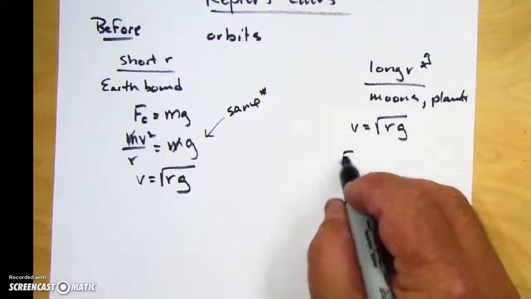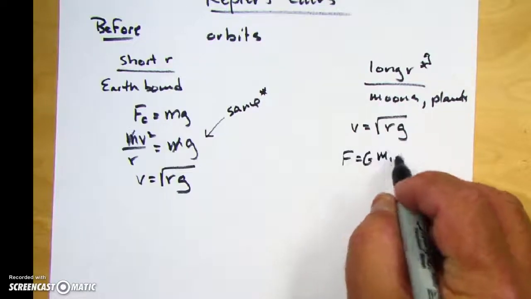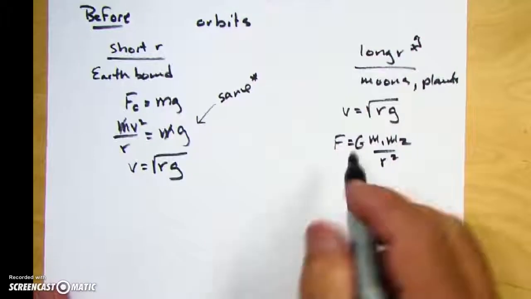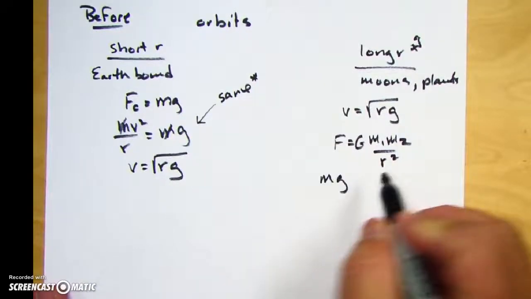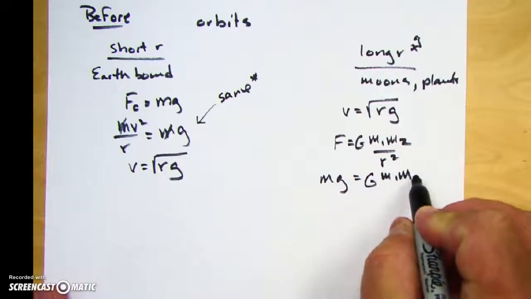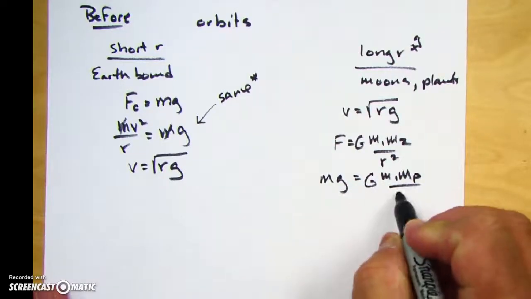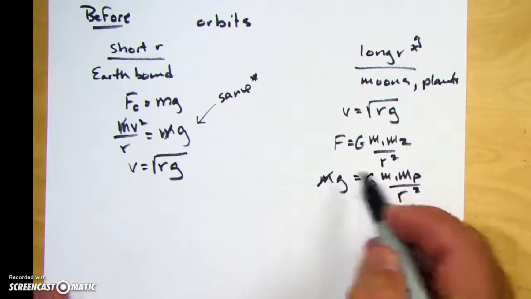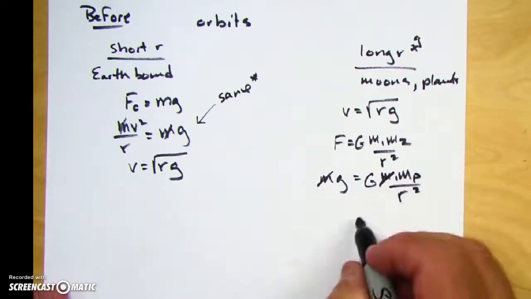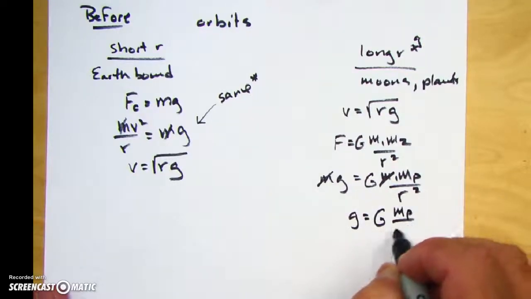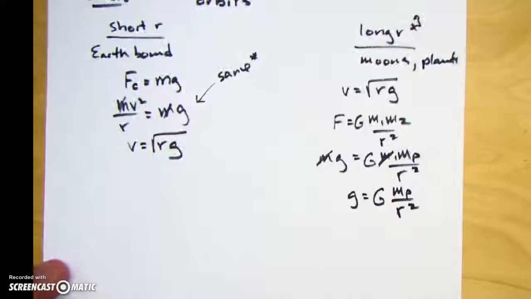Now, if I go back to this, F is equal to G m1 m2 over r squared. And again, I say that is equal to weight. mg is equal to G m1 m, where m1 is the mass of the planet and r is the distance away from the planet. Now if I get rid of the m's, I get g is equal to G times the mass of the planet over the distance between them squared.